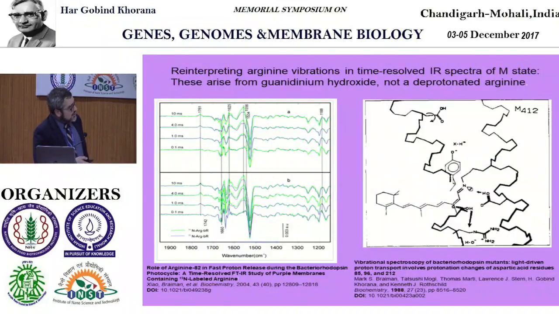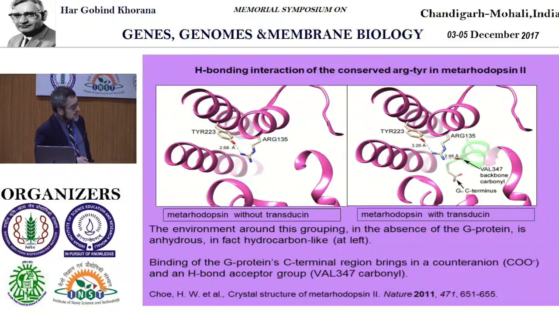This picture now actually corresponds more closely with what most people say based on X-ray crystal structures and cryo-electron microscopy. However, it's important to point out that although most people say that there are other groups involved in this, it seems that based on bands that you can see in the infrared, almost all of the proton occupancy change must reside within these two molecules, the arginine side chain plus the hydroxide.